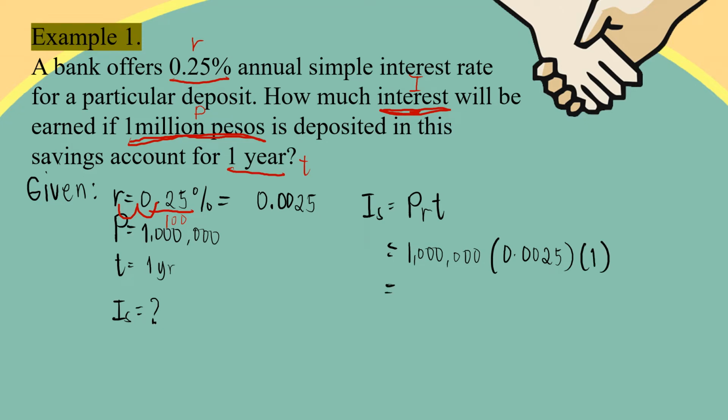Okay, so multiply na yan agad. So, 1 million times 0.0025 times 1. So, ang makukompute natin dyan is 2,500. So, ang interest daw ang tinubo after 1 year, dun sa 1 million pesos ay 2,500 pesos. So, ito na yung ating magiging final answer.